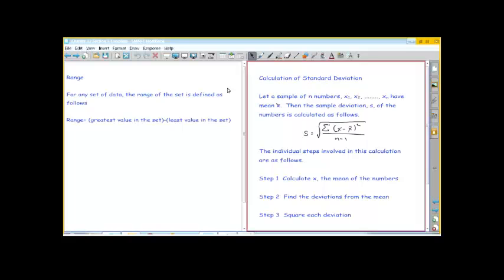Basically what the standard deviation is, it's looking at how the numbers are distributed away from the mean, the mean being the central tendency. So how far are the data points away from the central point? And we're not interested in whether it's negative, we don't care which side it's on.